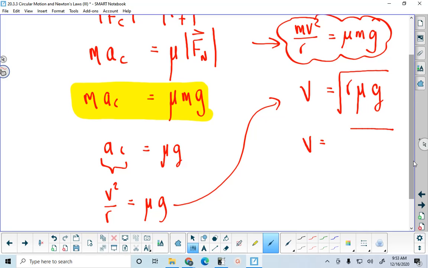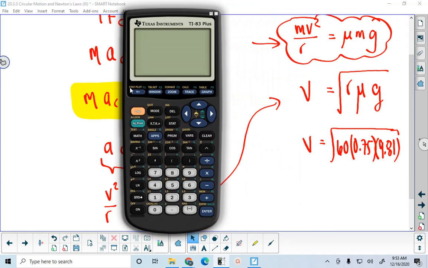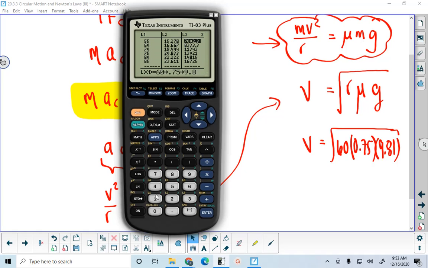So we put the numbers in. 60 times 0.75 times 9.81, and then we take the square root of the answer.